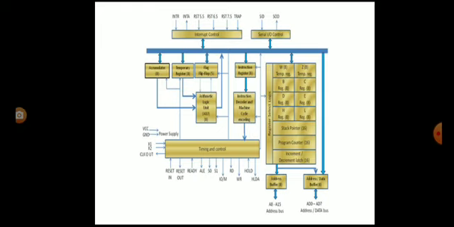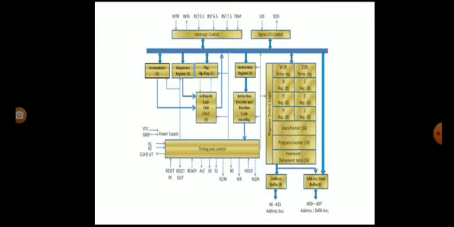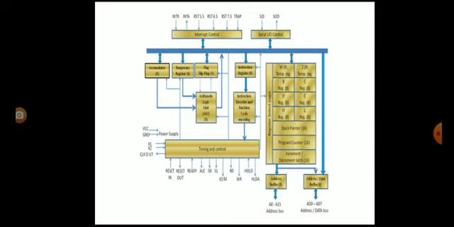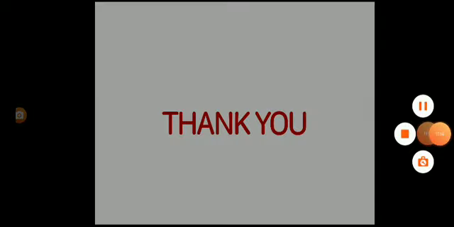It has 6 general purpose registers, used for performing temporary operations, that is, the registers BC, DE, HL. It has 2 special purpose registers, that is the stack pointer and program counter. Okay, so this is the information I wanted to share with you in this video.